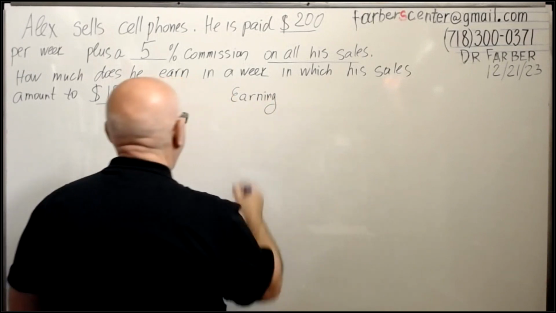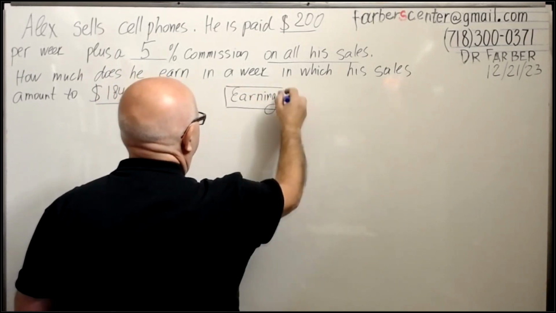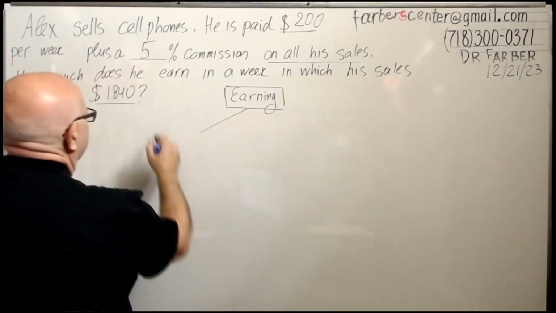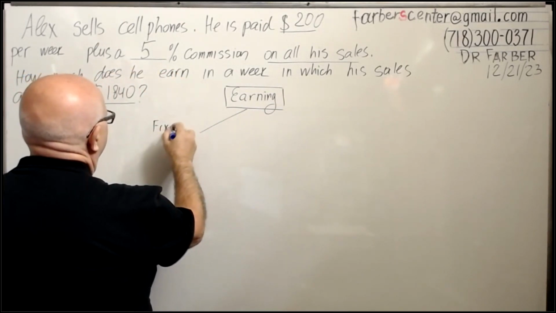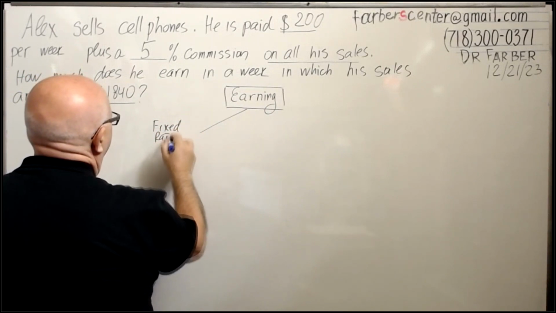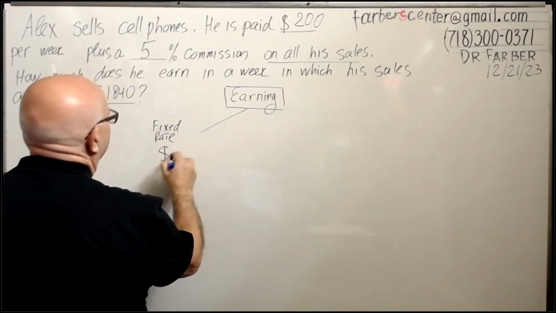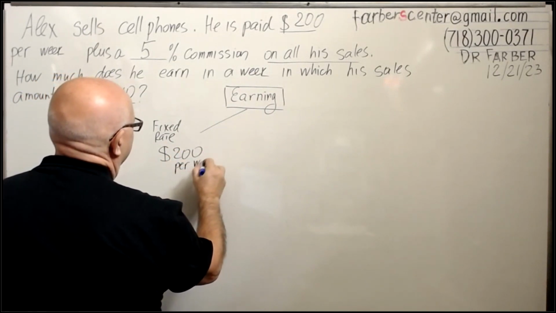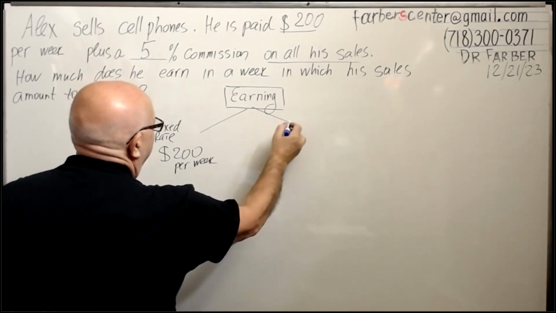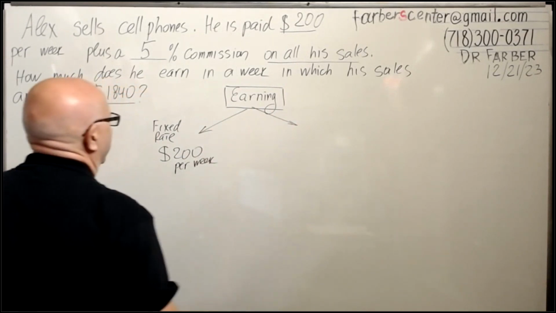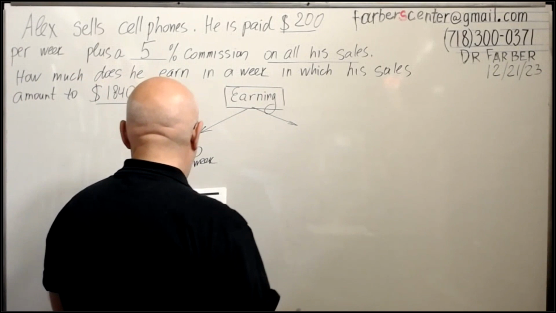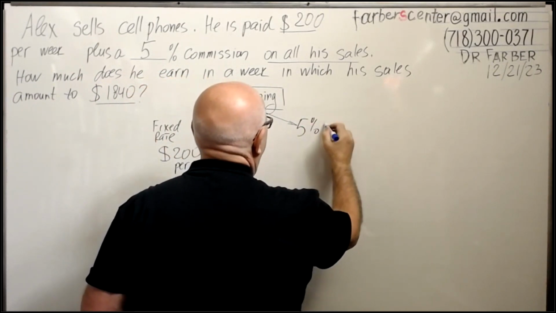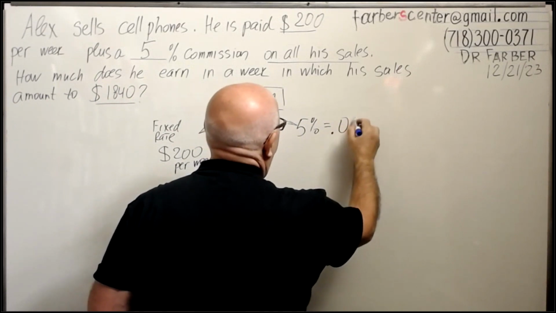You can split it into two branches. One branch is the fixed rate, $200 per week, regardless. And the second is the 5% on sales, which is 0.05.